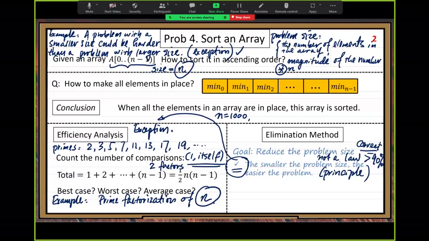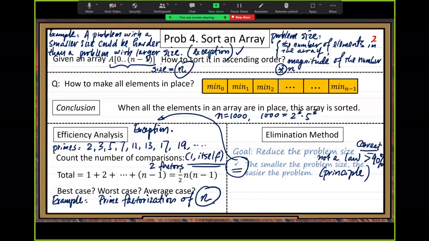The magnitude of this number, 1000, that's the size. Very easy: 2 cube times 5 cube equals 10 cube. The factorization is very easy.